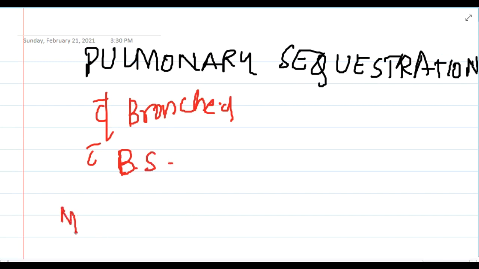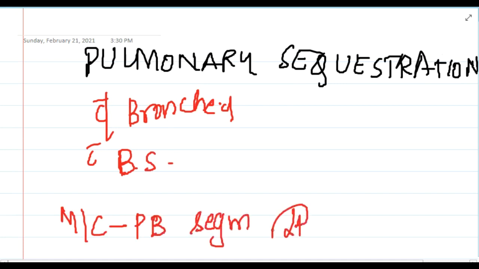The most common site of pulmonary sequestration is the posterior-basal segment of the left lower lung. The main clinical feature of pulmonary sequestration is that the patient suffers from recurrent chest infections.